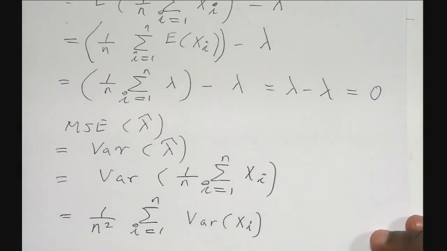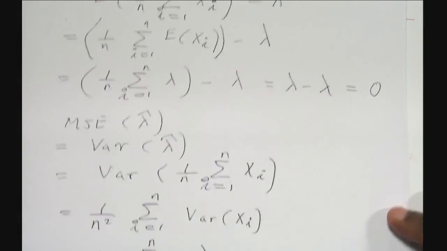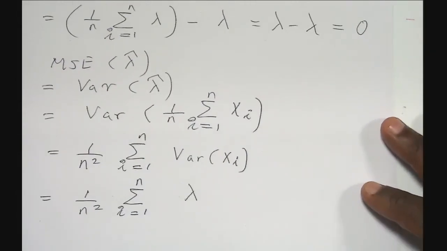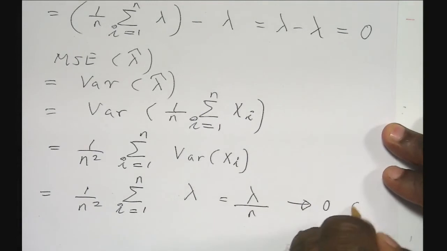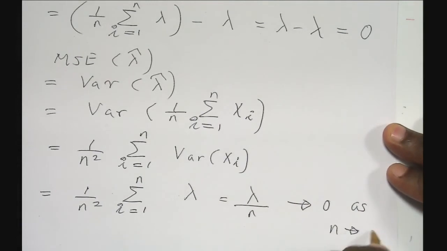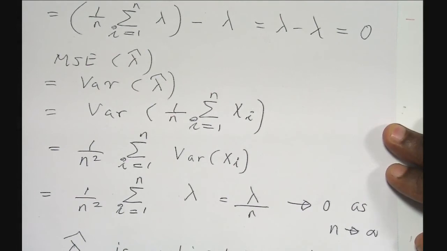The variance of a Poisson variable is lambda. So what you have here is lambda by n, and this approaches 0 as n approaches infinity. So hence the estimator is unbiased and consistent.